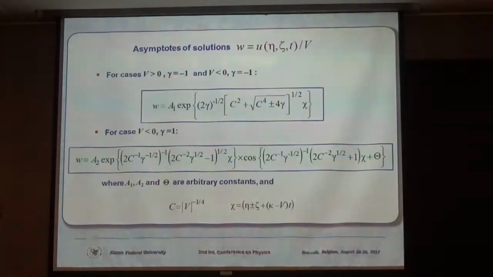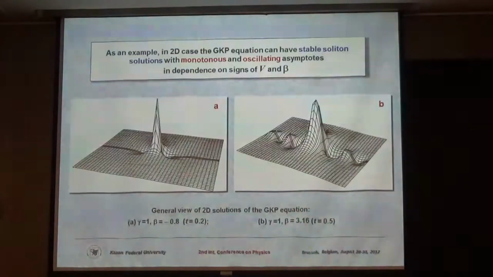The asymptotes of solutions can be exponential in this case, and oscillate. As an example, in the two-dimensional case the GKP equation can have stable soliton solutions with monotonous and oscillating asymptotes depending on the signs of velocity and dispersive parameter p.